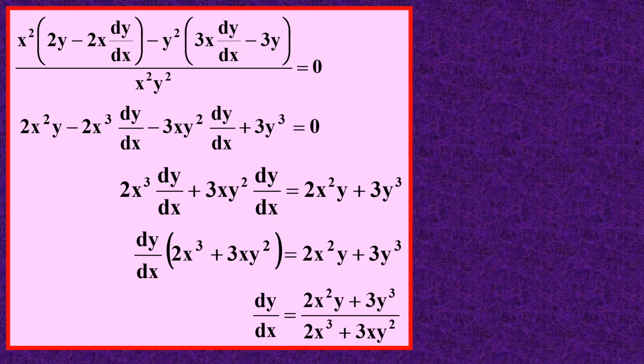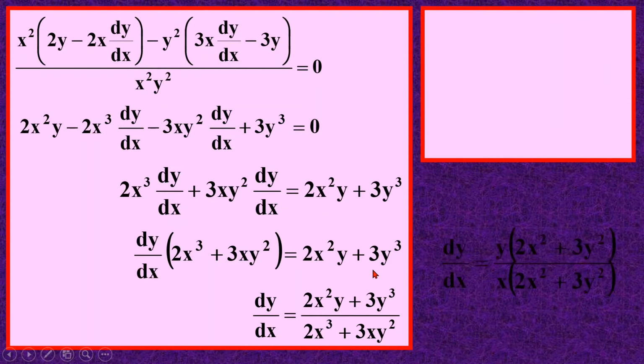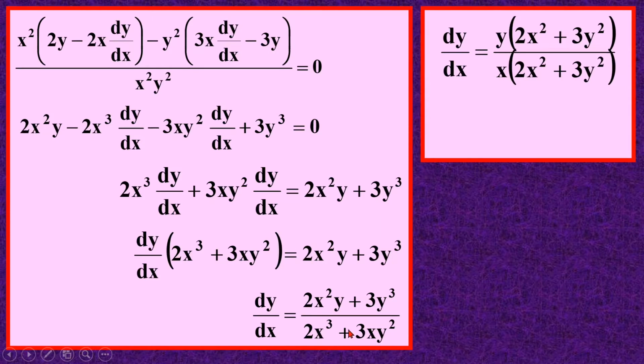Okay, I'm going to divide this on both sides, and I will end up something like this, and I have to think whether this can be simplified or not. So when I look at the top portion, I notice I can still factorize y out. And when I look at the bottom, the denominator, I notice I can still factorize x out.